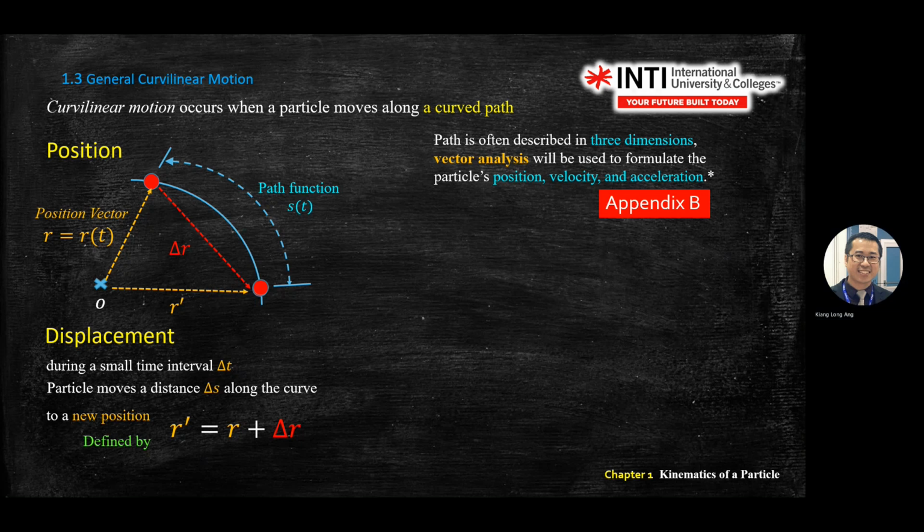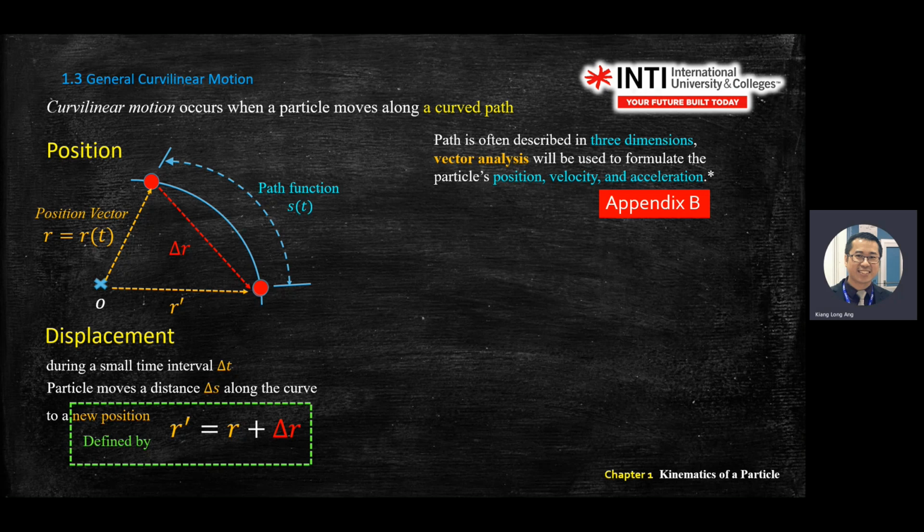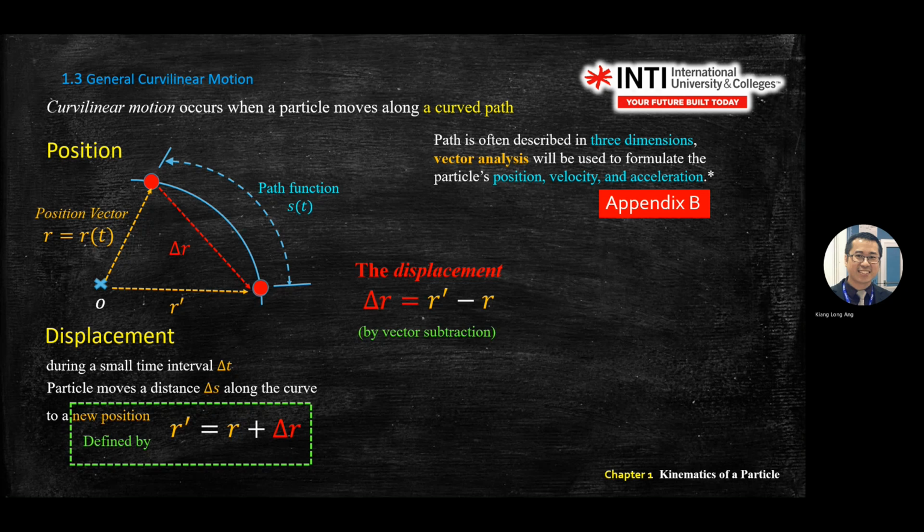Make sense to you? So you write in the formula r prime equals r plus delta r, the first equation for curvilinear motion. This is the position r prime. Again, in previous rectilinear motion we have a position equation, and here also we have a position equation, r.